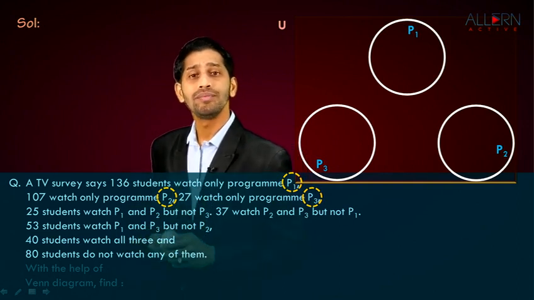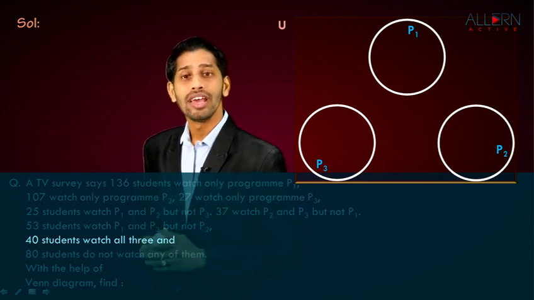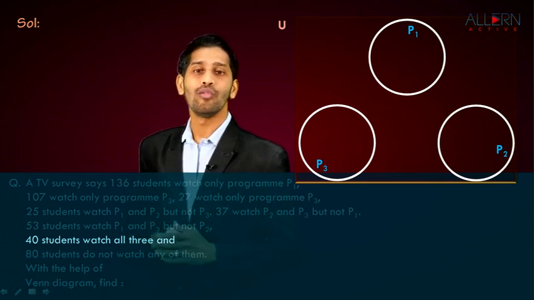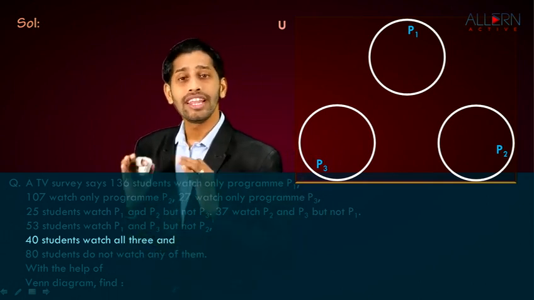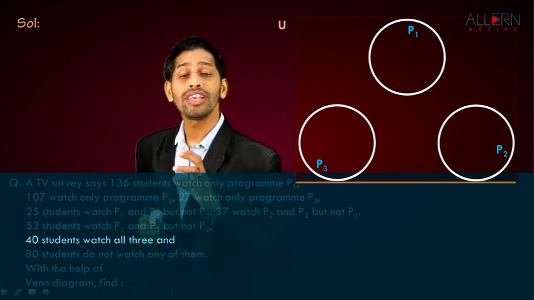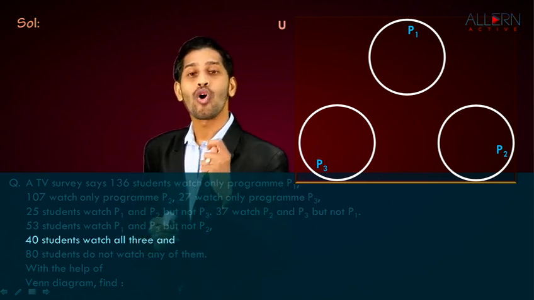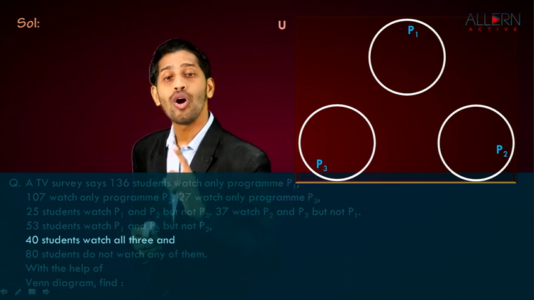Now it says that 136 students watch program P1, 107 watch P2 and 27 watch P3. Whenever we solve a Venn diagram, it is always important that we first find the value which belongs to all three parts, that is common. It is given that 40 students watch all three programs.